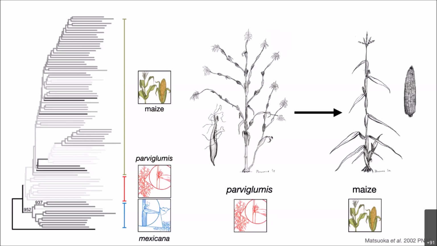And this paper has been very widely cited and was sort of the poster child for a simple single domestication. So maize is always held up as this nice example of a very clean case: maize was domesticated once in one location in Southwest Mexico from subspecies Parviglumis.